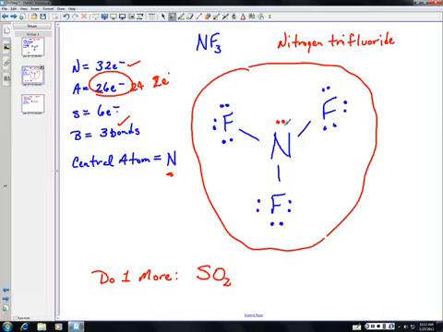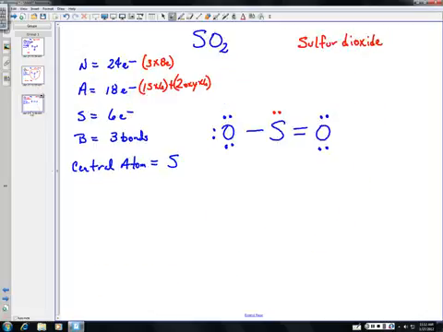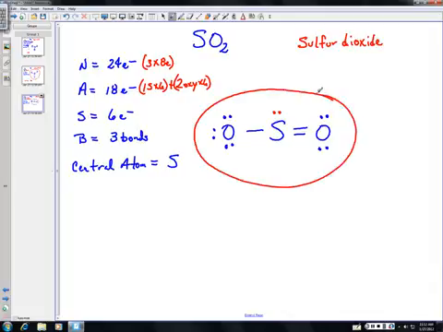So put this on pause, draw your Lewis dot structure for sulfur dioxide, SO2, and then bring this back up and let's see if you and I agree on what that structure looks like. Okay, hopefully you've done that, and you have a structure that looks like this right here.